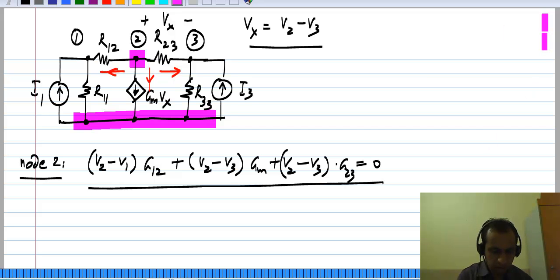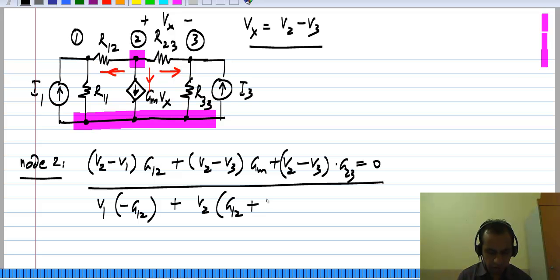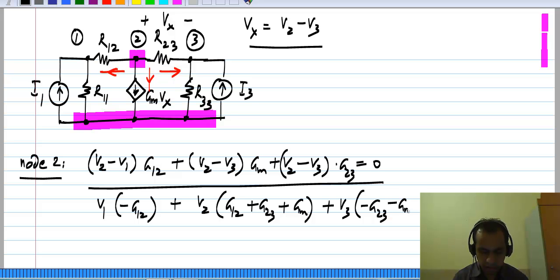Now if I group the coefficients of each variable together, I'll have V1 times minus G12 plus V2 times G12 plus G23 plus Gm plus V3 times minus G23 minus Gm equals 0. So this is what I'll have.